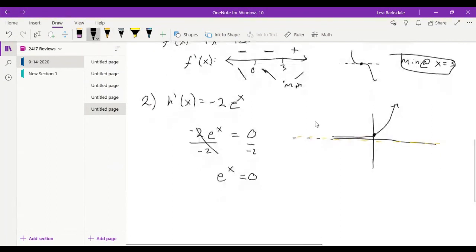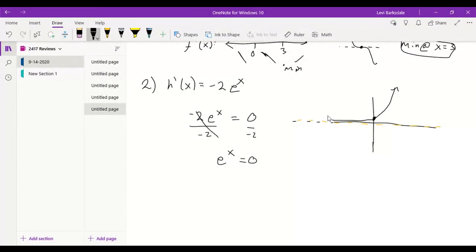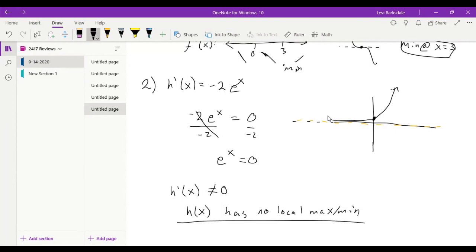So this problem was a bit of a trick question, because our first derivative is never equal to 0. That means that regardless of what our function is, we know that it cannot have any local max or min, because it never has any points where we have a horizontal tangent line.